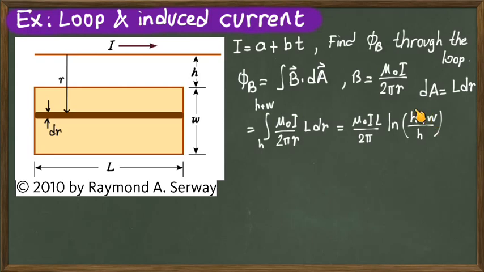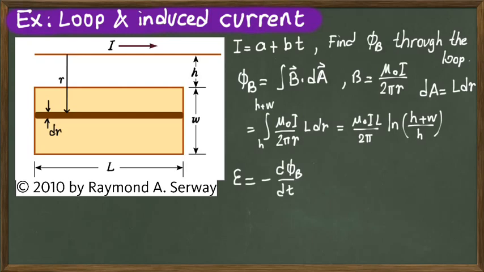So this is the flux through all this rectangular region with sides L and w. But this flux is not constant over time because I is changing over time, right? So I can take the time derivative of the flux to find the electromotive force through this loop.